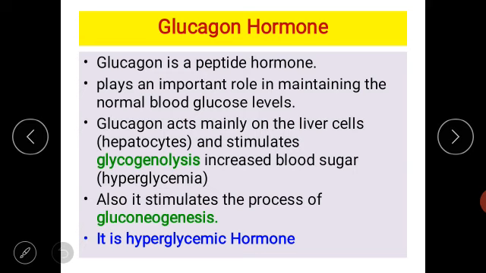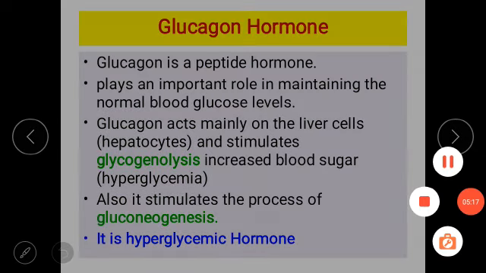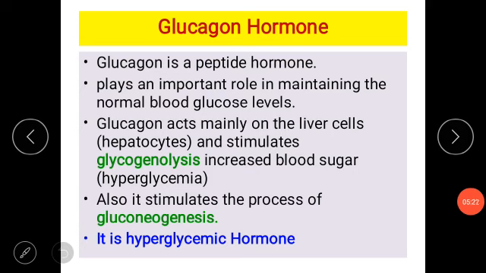So let us study the functions of these hormones. As we have studied, glucagon hormone is produced by the specialized group of cells called alpha cells of the islets of Langerhans in the pancreas. Yes, the glucagon hormone is a peptide hormone.